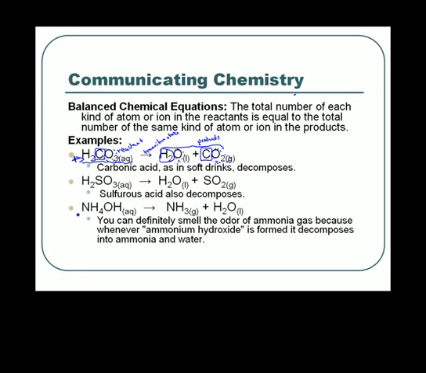And if we take a look, we still have a balanced chemical equation. We have 1 nitrogen, 4 plus 1 would be 5 hydrogens. So we need a total of 5 hydrogens on the other side. There's 3. There's 2 more. So as long as the totals are the same, we know we're doing okay. And there's 1 oxygen on either side as well.